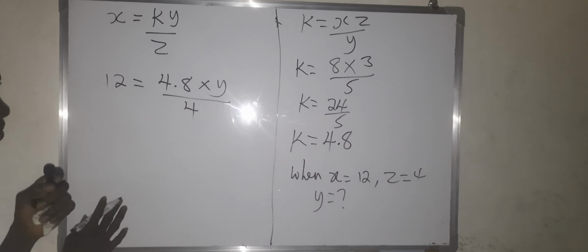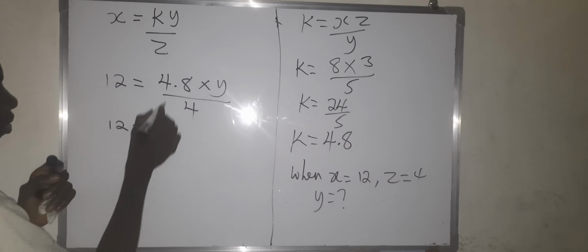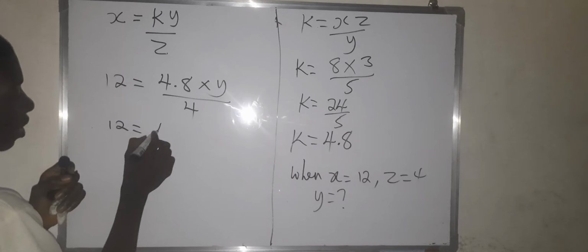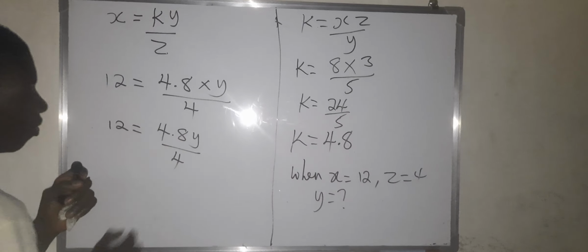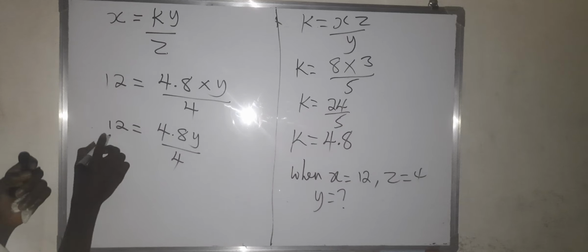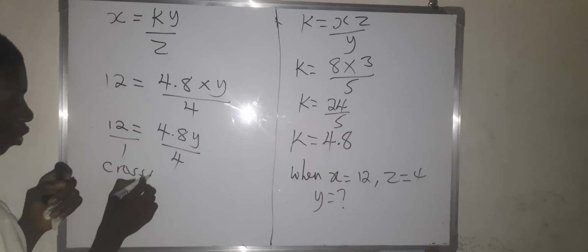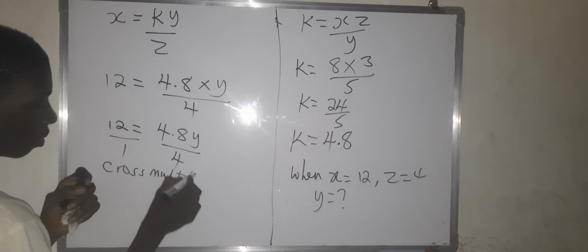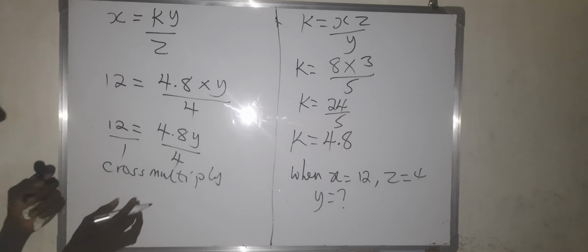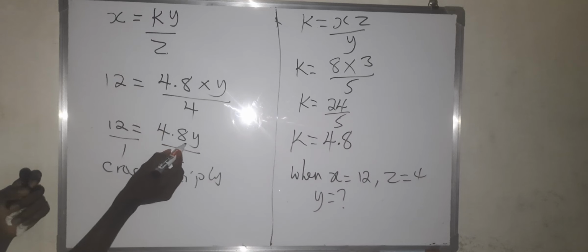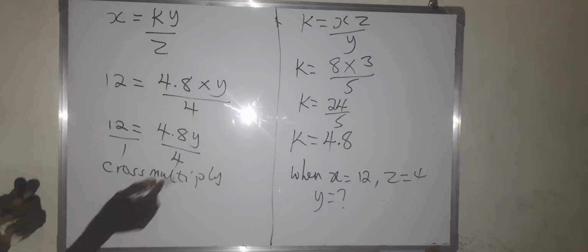So now to find y here, we say 12 is equal to 4.8 times y gives us 4.8y, all that over 4. We divide this by 1 and then cross multiply. So when we cross multiply, this 4.8y will multiply by this 1, and this 12 will multiply by this 4.